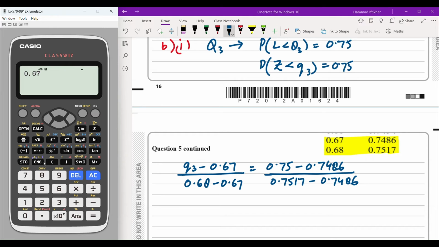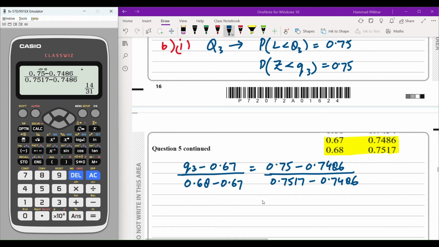So 0.67 plus, so we have 0.75 minus 0.7486 divided by 0.7517 minus 0.7486.